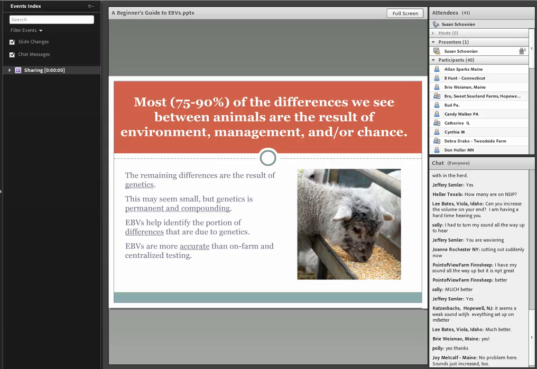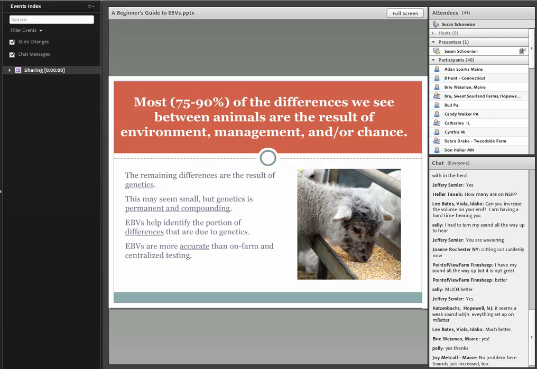Most of the differences we see between animals is the result of environment, management, or chance. Probability. Remember, genetics is about probability. What is the chance that we're going to get that? And we're trying to increase the probability that we're going to get better animals and decrease the probability that we're going to get poor animals.